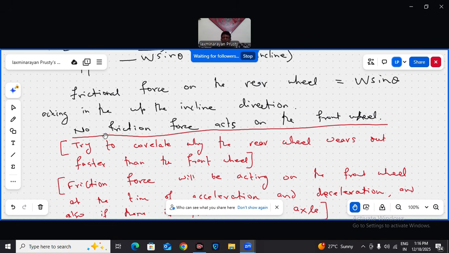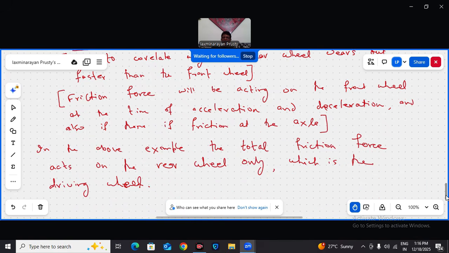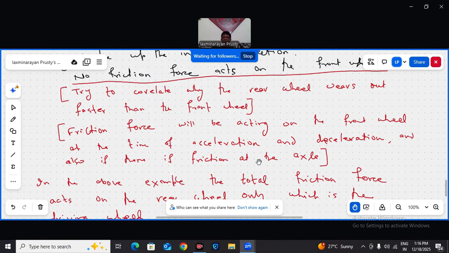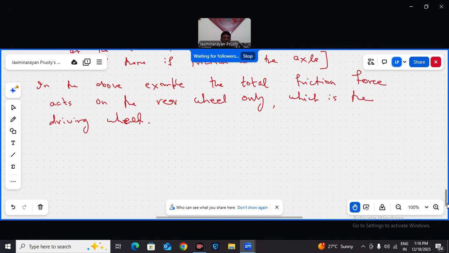And no friction force acts on the front wheel. So the total friction force comes onto the rear wheel, or driving wheel. That's what I have written here. That's why I try to correlate why the rear wheel wears out faster than the front wheel. You must have noticed in the bicycle.